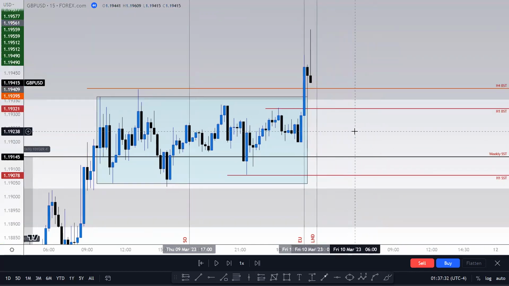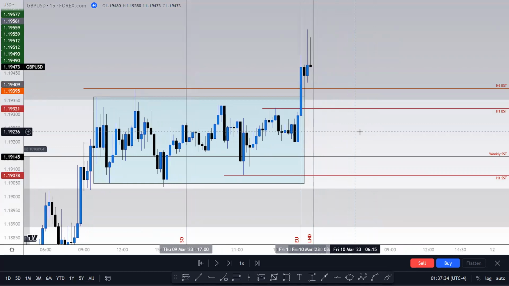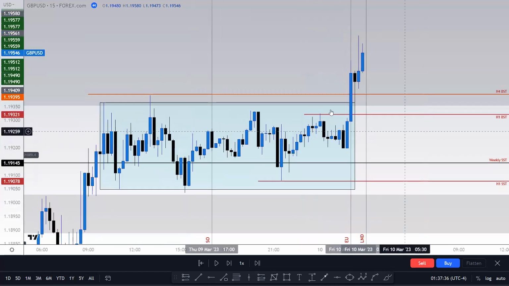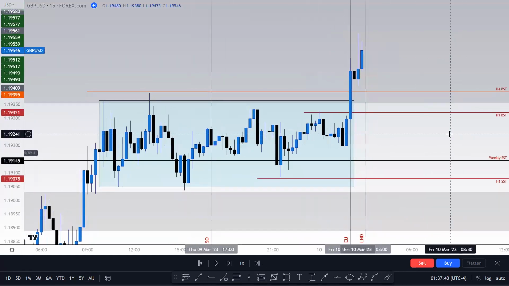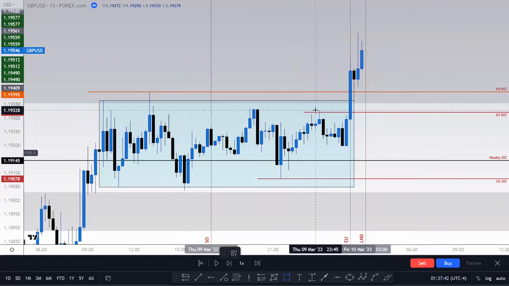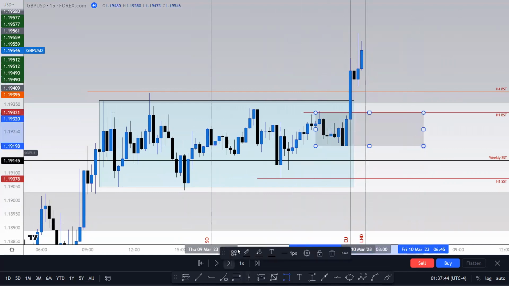Now, going into the European Open, I can see that price has now traded outside of my Asian range, but I'm interested to see where price is just before the London Open. I can see that price is now giving me a break scenario. So within a break scenario, area of interest is going to be, that's right, the bullish order block.